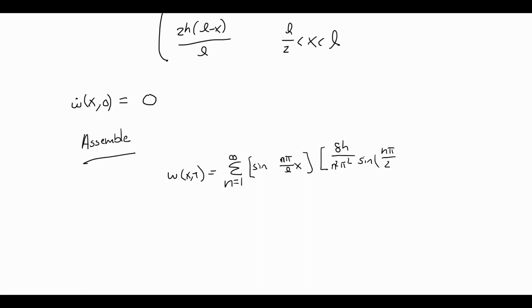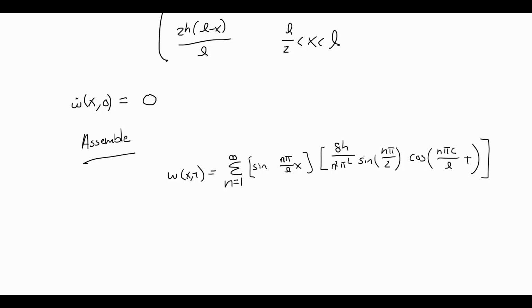So that is c sub n, and that gets multiplied by the cosine of the natural frequency times time. And again, in this case, our natural frequency was n pi c over L times t. And we can close that bracket. In this case, again, the d value was 0, so that simplifies this a little bit.